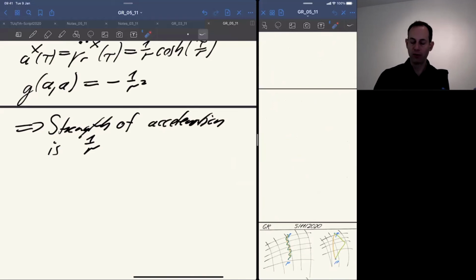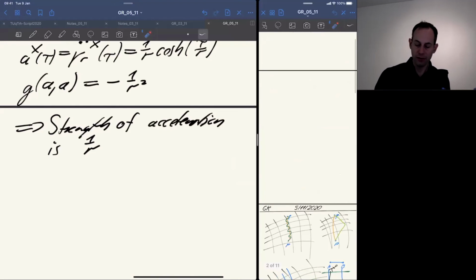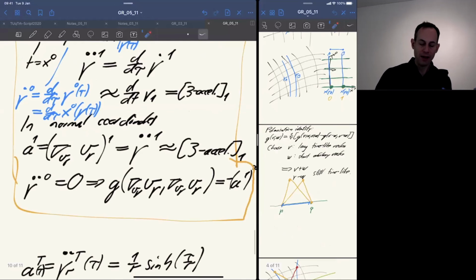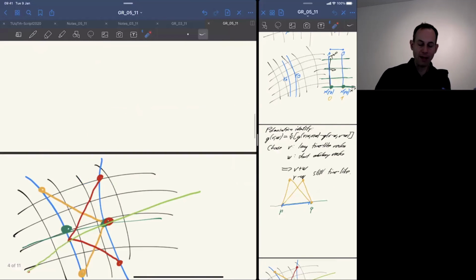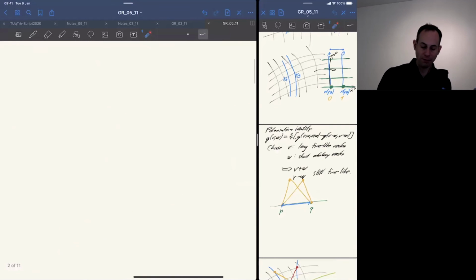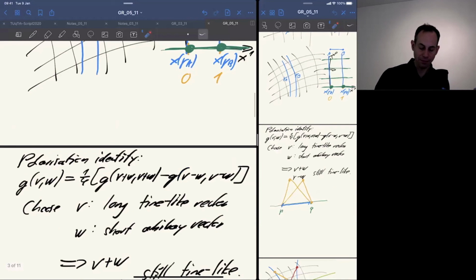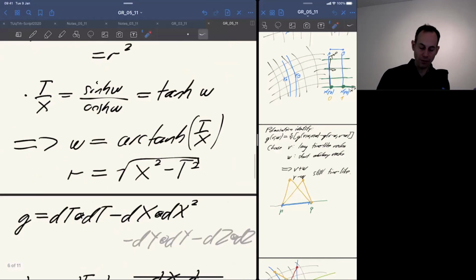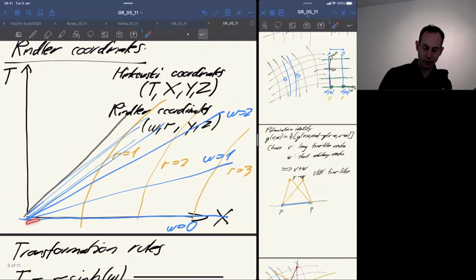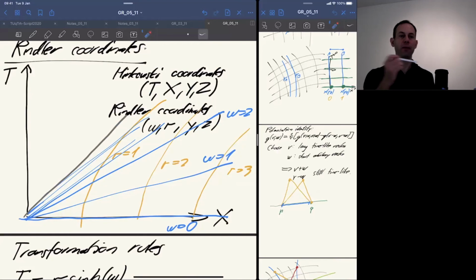In other words, what we learned is the following. If you have a big object, like a very long stick of something, lying here along the x-axis, and you want to accelerate this whole stick, now I accelerate the stick in this direction.